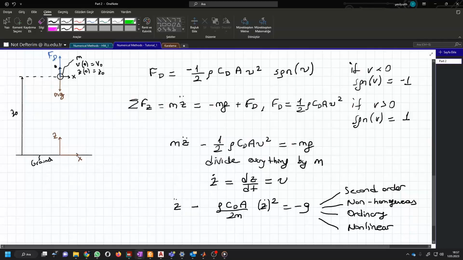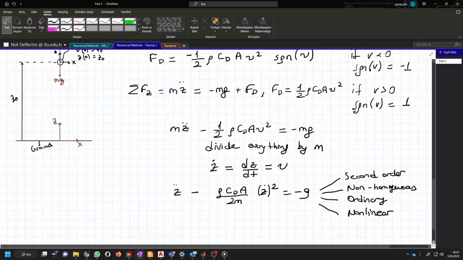I forgot to say that our previous differential equation without aerodynamic effects was a linear differential equation, so that we could easily solve that equation by hand.